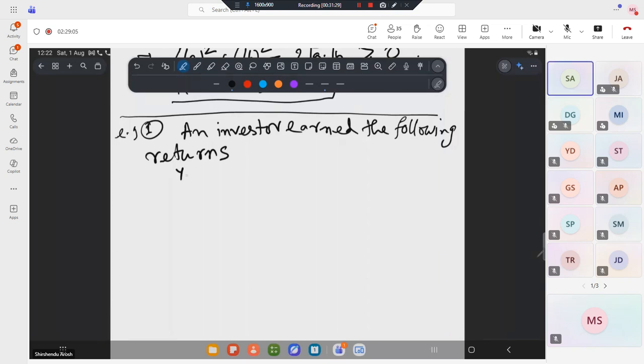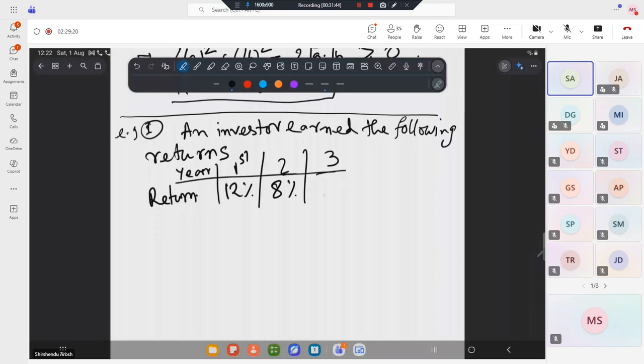You got the returns: first year return is 12%, second year is 8%, and third year is 15%. So find out the average annual return.